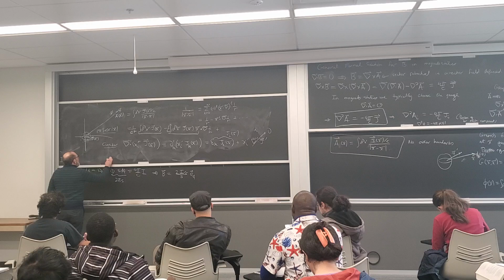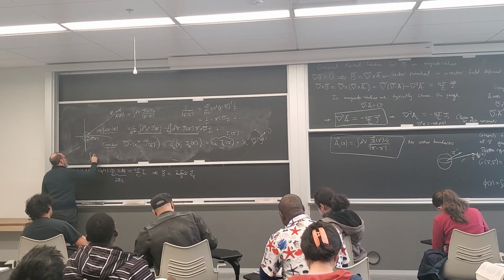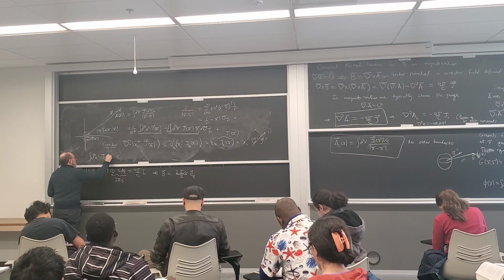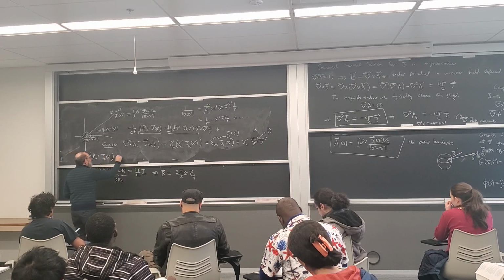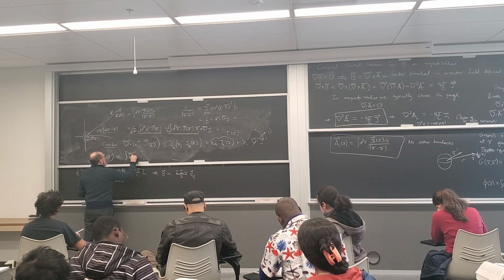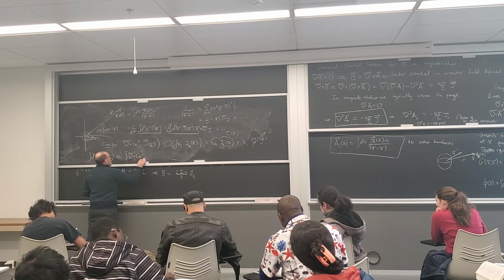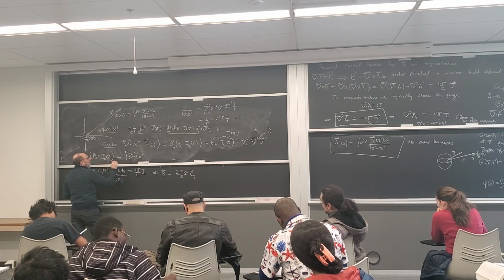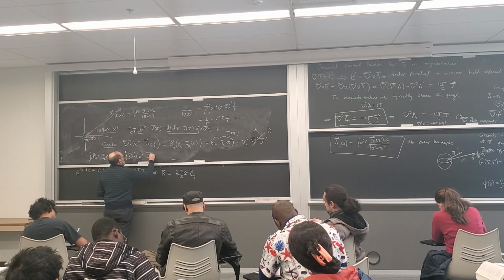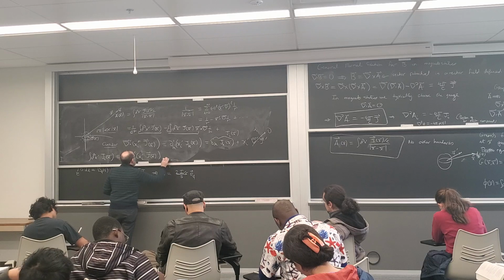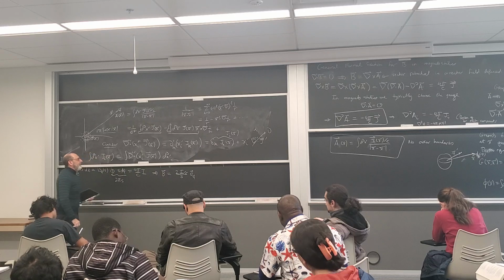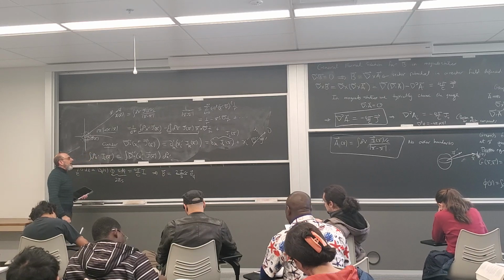So what that tells me then is if I look at the integral of any component of the current density, it's the same thing as the integral of the divergence of this over the volume. But what is that equal to?